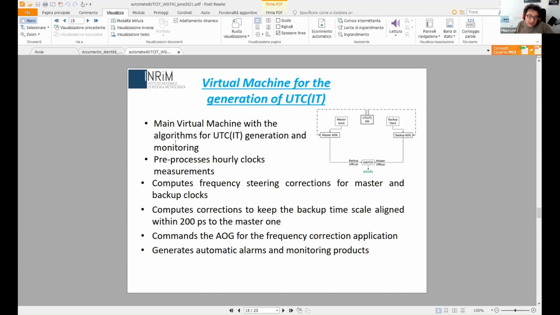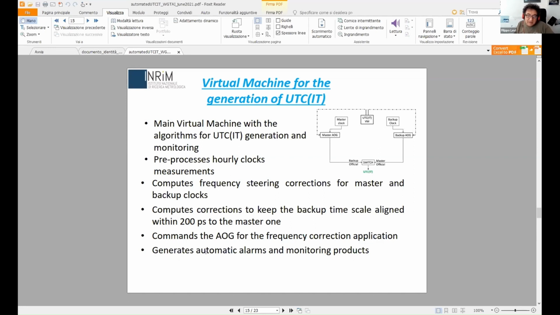So the algorithm makes a pre-processing of this data, computes the frequency steering correction for the master and the backup clock, computes the correction to keep the backup time scale aligned with the master time scale within 200 picoseconds, and then provides the command for the auxiliary offset generator implementing the frequency correction.